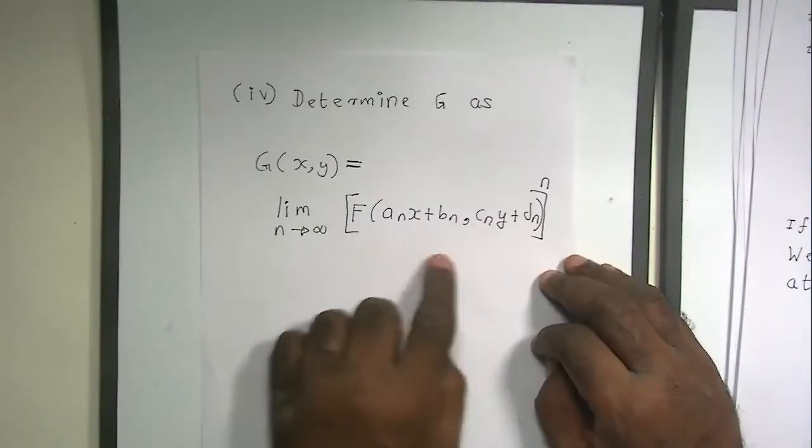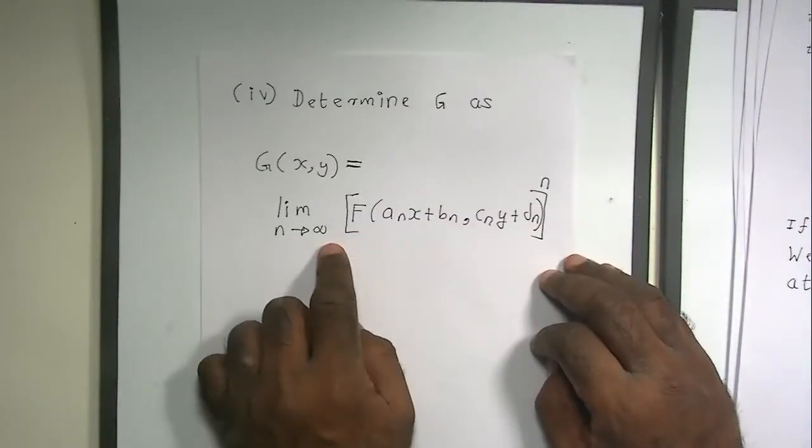And the fourth and final step is to find the limit of this as n approaches infinity. Now I did 2 examples on it. I will try to do more examples tomorrow if I have time, or even later today if I have time.